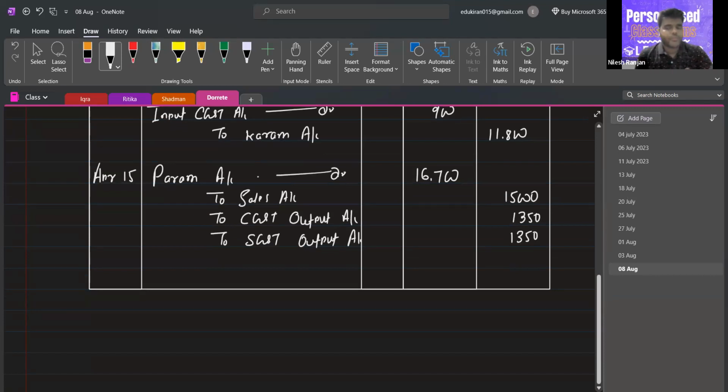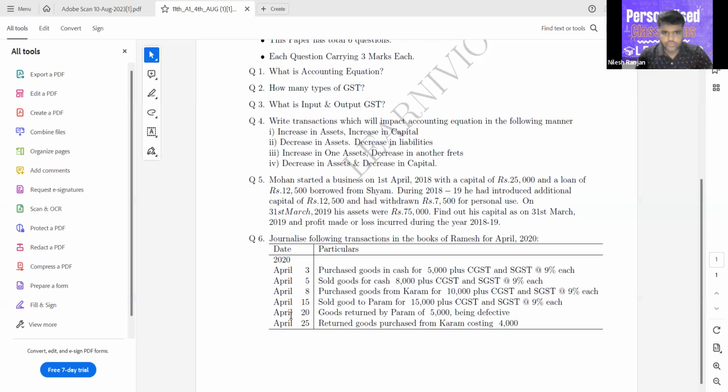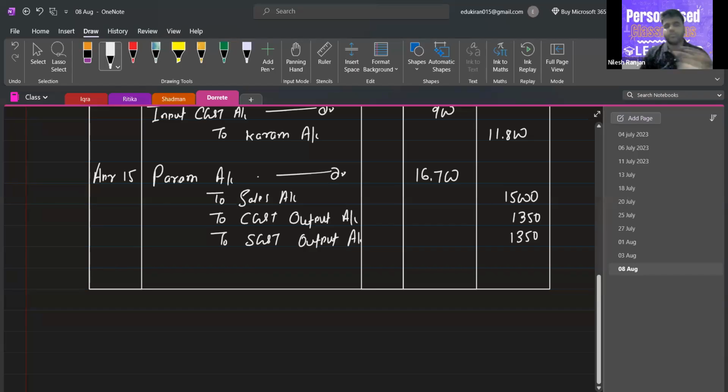Yes, sir. Do you have any doubt up to this entry? No, sir. Not now. Okay, so April 20th, goods returned by Param of 5,000 being defective. Now, Param to whom we have sold goods of rupees 15,000 has returned some goods.